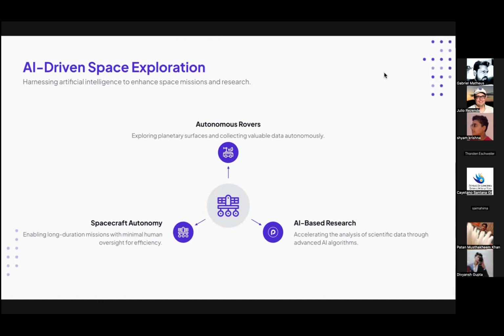Now, coming to spacecraft autonomy: enabling long-duration missions with minimal human oversight for efficiency. For example, there are many missions, like probes that have been sent out of space, where there is a lot of time delay between the data being sent from the ground station to the satellite, and also from the satellite to the ground station.